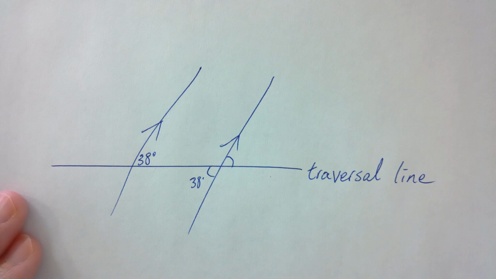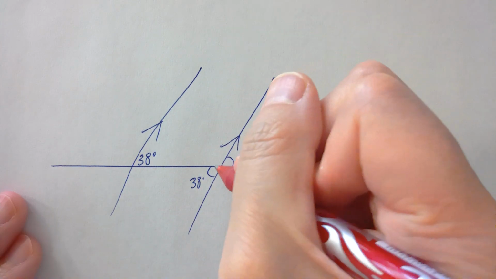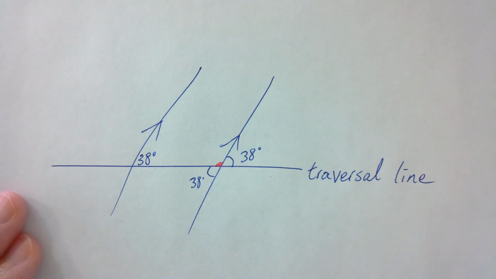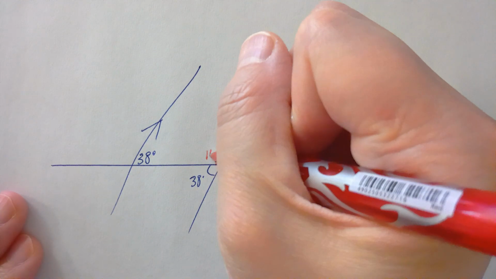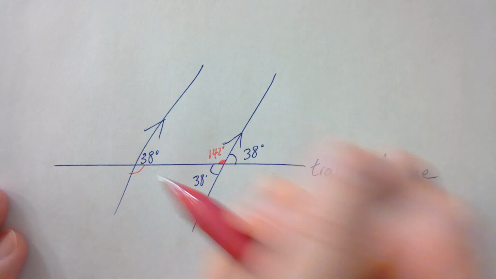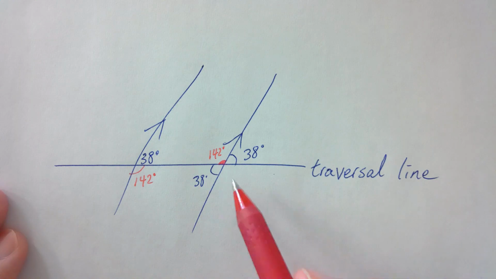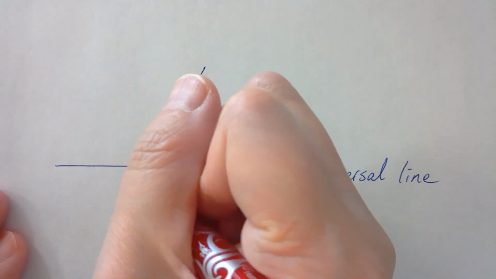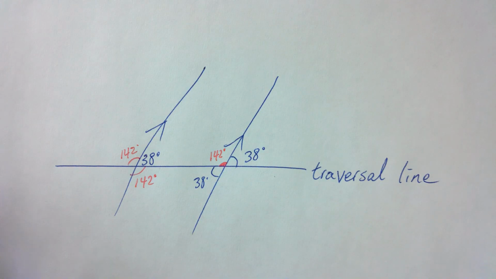What is this? 142. Right. What is this one then? 142. Notice in these diagrams, it's always either 38 or 142. Without having to do any math, looking at this obtuse angle, I already know this is 142. So keep that in mind when you do these.